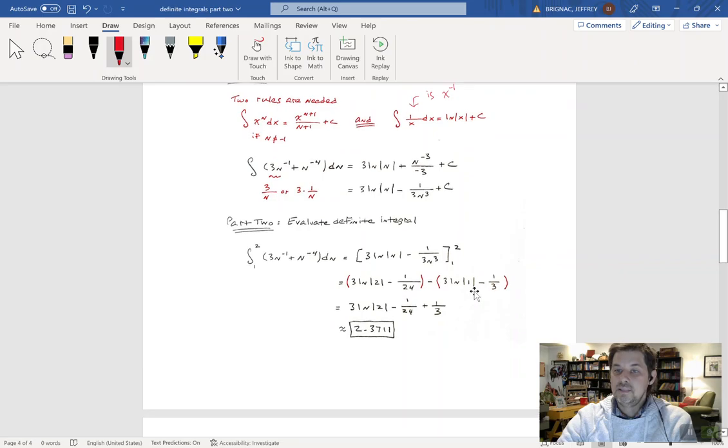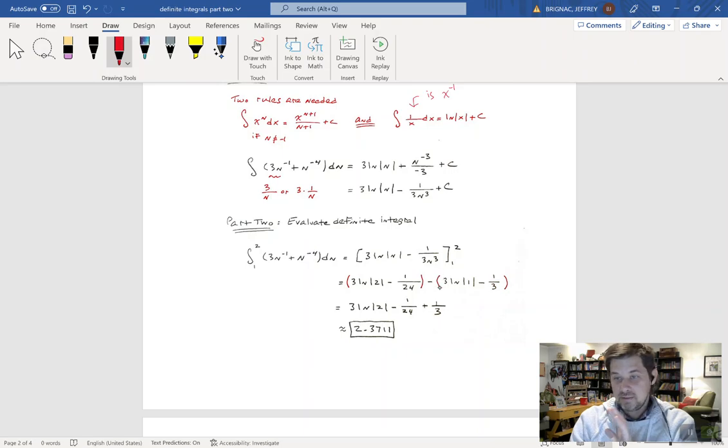Okay, so let's see. Now I gotta take this antiderivative. I gotta put the 2 in first, and if I do that, I'll get this. Okay, then I got my subtraction, and then I've got to put the 1 in next. Okay, and if I do that, I'll get this. All right, now notice how I've got my parentheses there in red to block this off, because that subtraction has to apply to everything that comes after it.